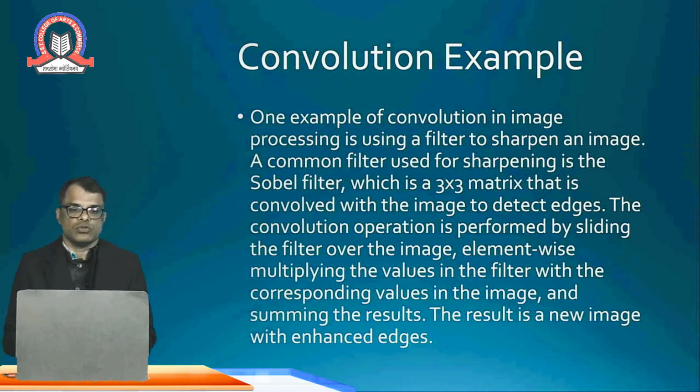In that image you can easily detect the edges. The convolution operation is performed by sliding the filter over the image, element-wise multiplying the values in the filter with the corresponding values in the image, and summing the result. The result is a new image with enhanced edges.